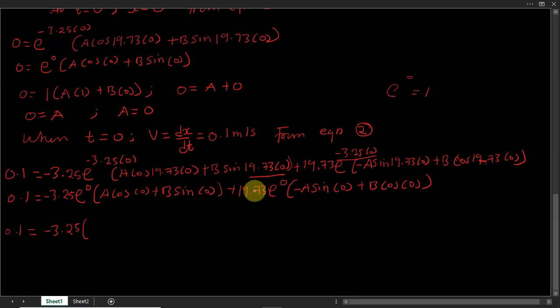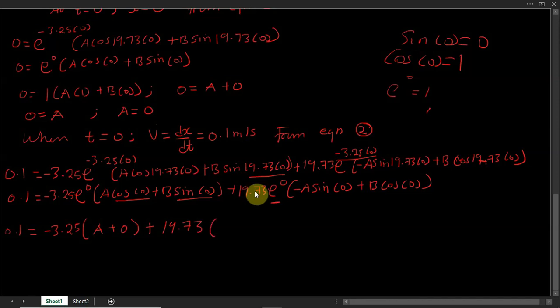Now cos 0 is 1, and 1 times A will give us A, plus sine 0 is actually 0, so 0 times B should give us 0, plus e raised to power 0, which is 1. So 1 times 19.73 will give us 19.73.